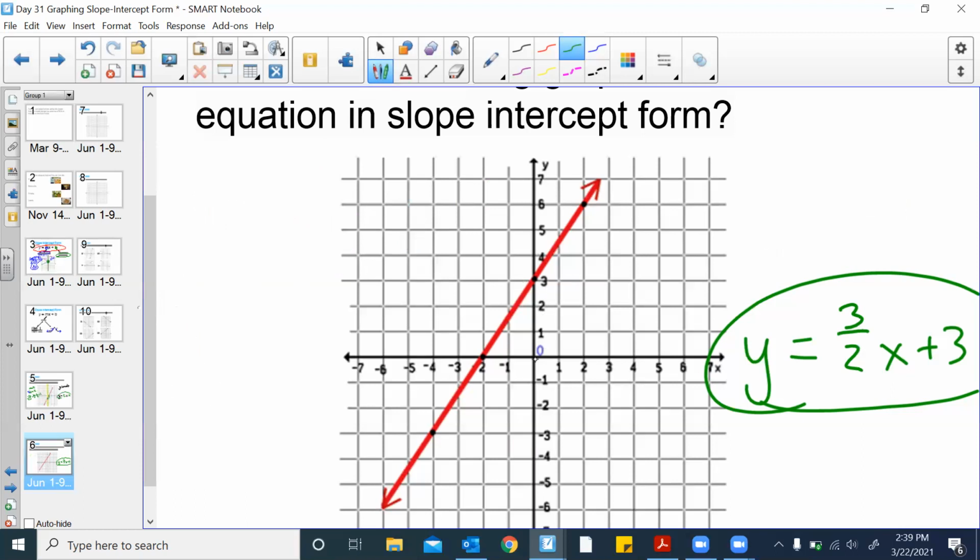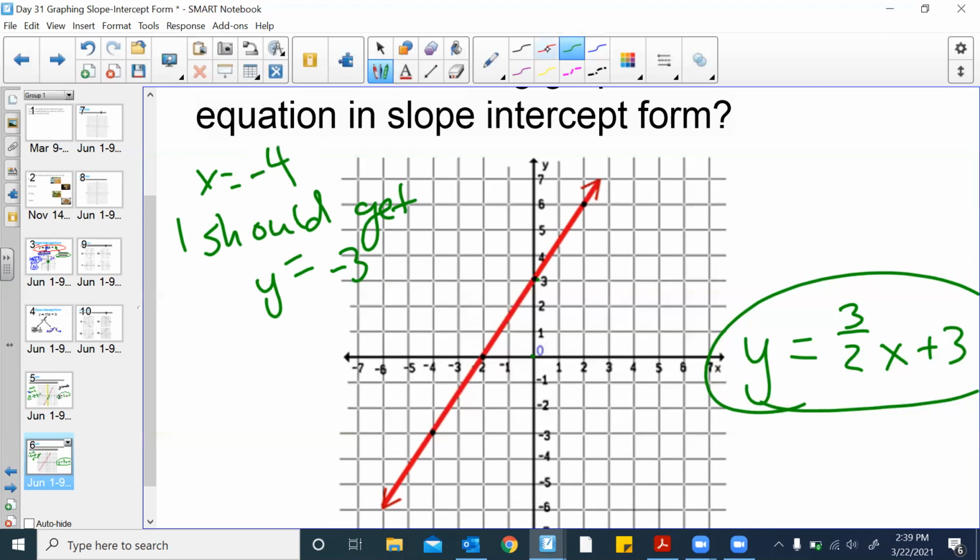When I put in a 0 for x, I should get y equals 3. Let's see, is there a good point to test here? Yeah, when x equals -3, I should get y equals -3. When x equals -4, I should get.